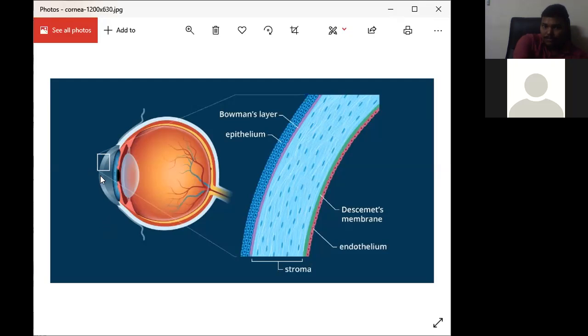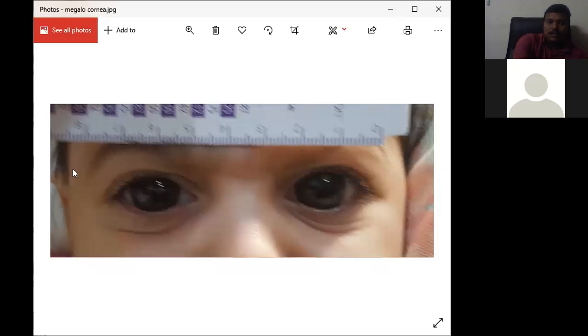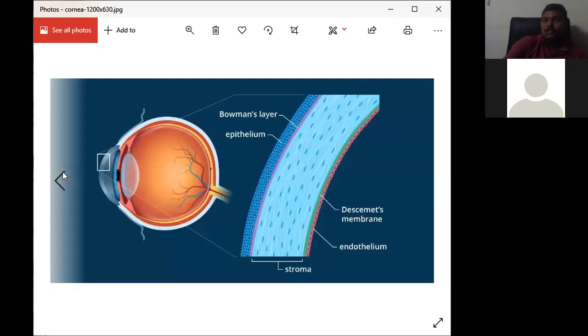And what happens if the transparency of the cornea is lost, right? How is it lost? If there is an infection of the corneal epithelial layer or the stromal layer, or bacteria go into the stromal layer and deposit, the bacteria will be surrounded by neutrophils, eosinophils, and basophils, which will attack the bacteria. Whenever this inflammatory process happens, the transparency of the cornea will be lost, right?